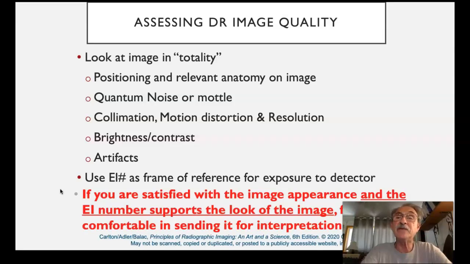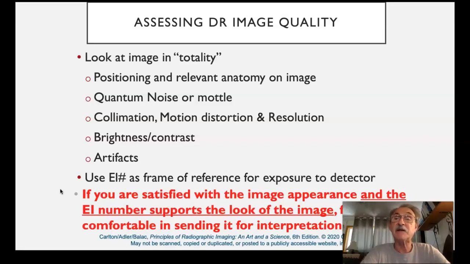So when we evaluate our image, let's look at the image in totality. Let's look at not only the positioning and relevant anatomy on the image. Let's take a PA chest X-ray, for instance. I'm looking, do I have both lung fields completely on there? Is it rotated, by virtue of whether the sternoclavicular joints are equal and bilateral?